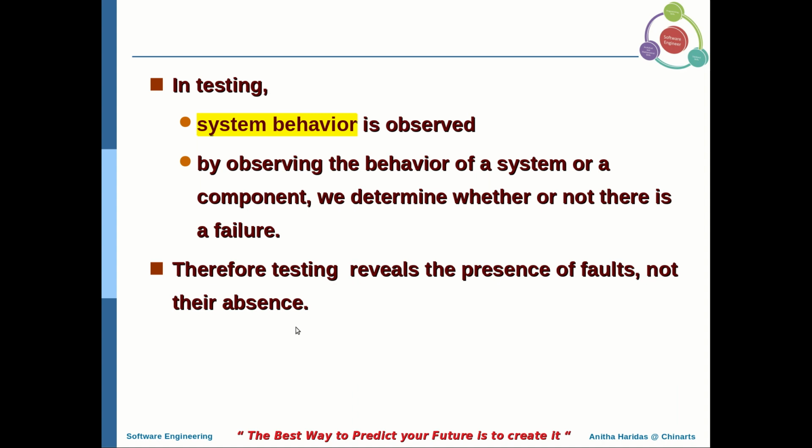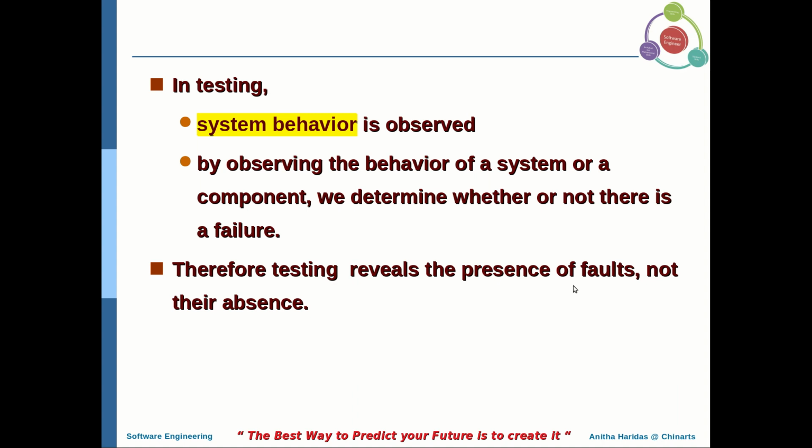It is done with the intention of finding whether any error is available in the software or not. Because we observe the system behavior and determine whether any failure is available, testing generally reveals the presence of faults.